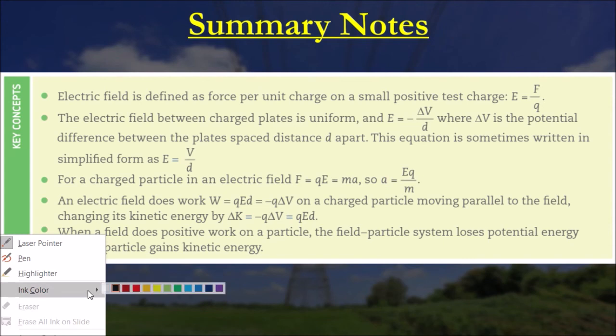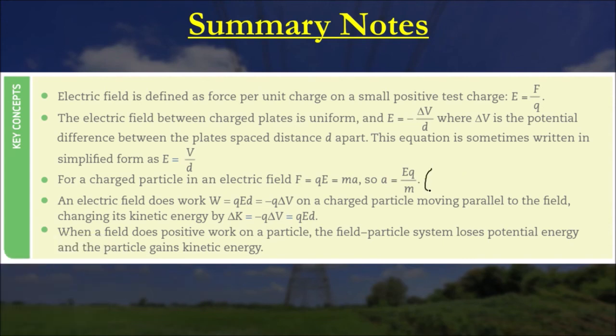We also stated that the motion of a charged particle in an electric field looks like a semi-parabola. So it's parabolic in its shape, which is similar to a mass object in a gravitational field. Keep that in mind, because we're going to go back to this concept later on.